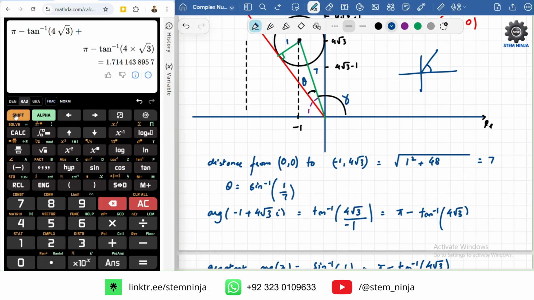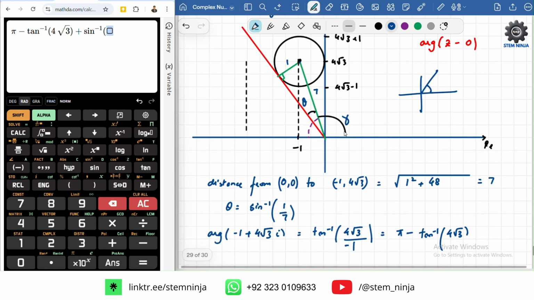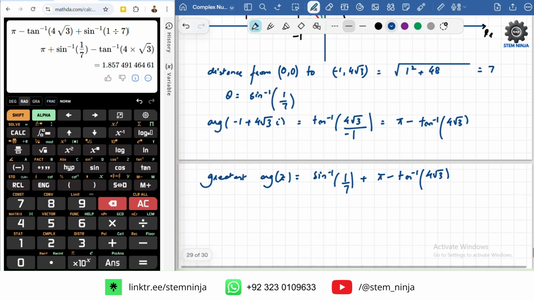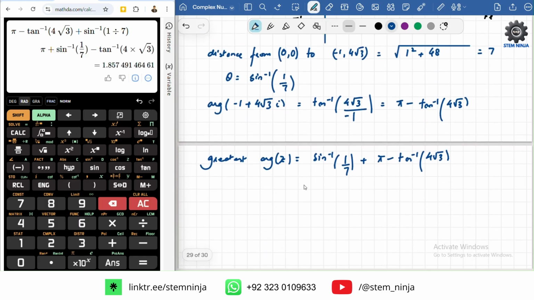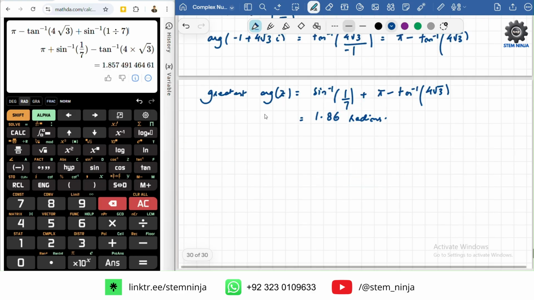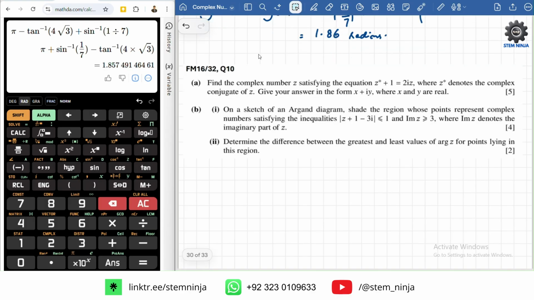So plus sine inverse of 1 over 7. 1 divided by 7. So you get 1.858 6 radians. Alright, let's see one more. So let's see this one.